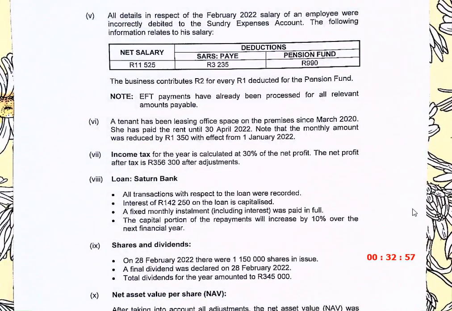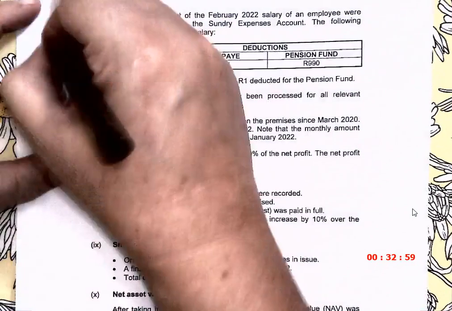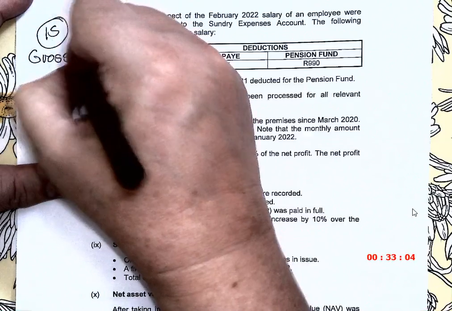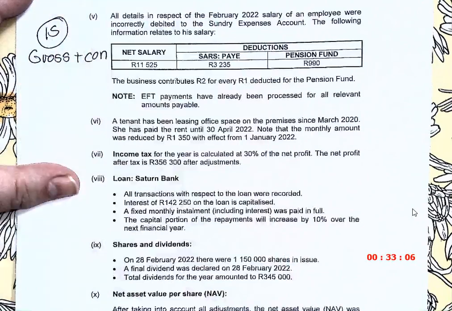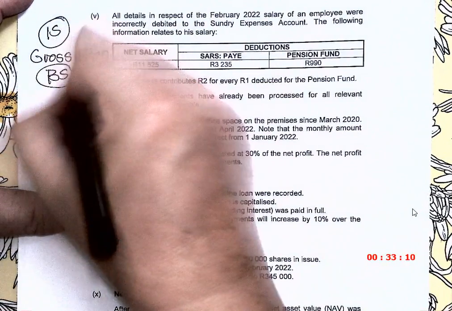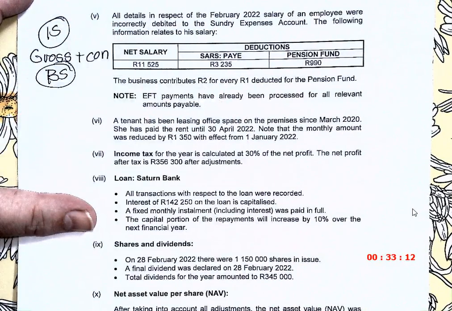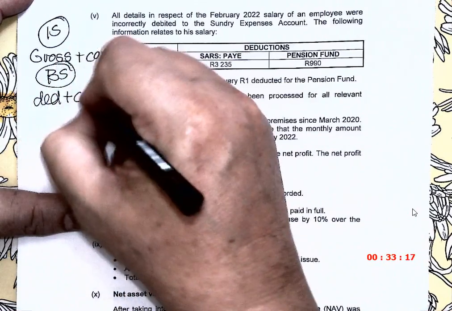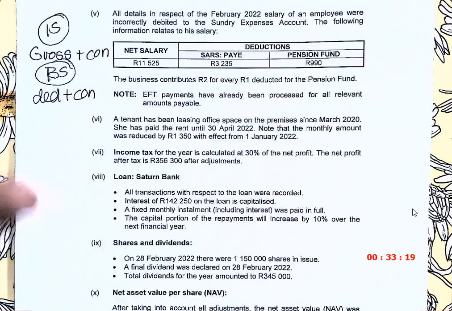What do I put in my income statement? In my income statement goes the gross and the contribution, right? In the balance sheet goes what I owe, right? Meaning the deduction and the contribution. So let's quickly go look.